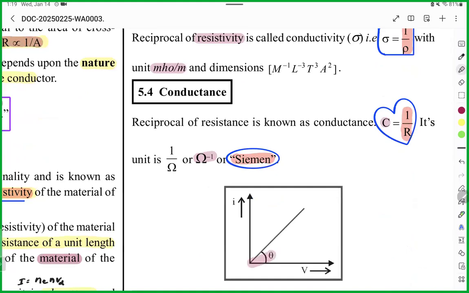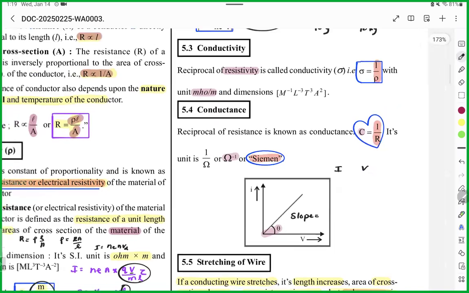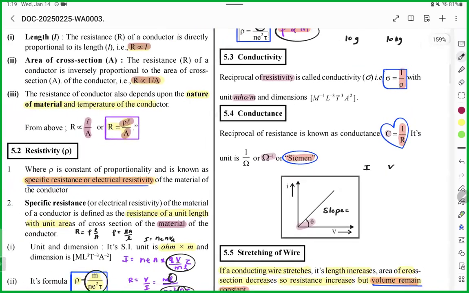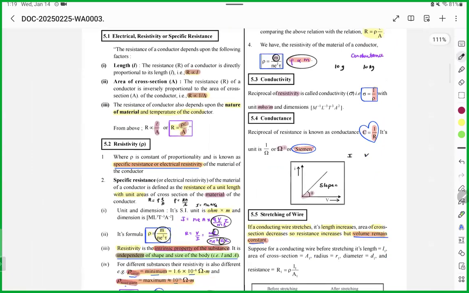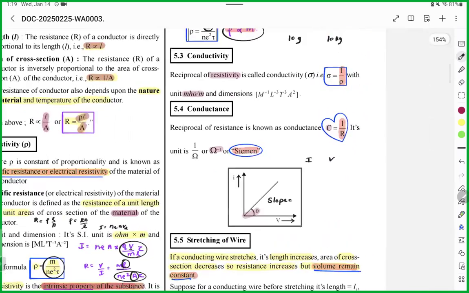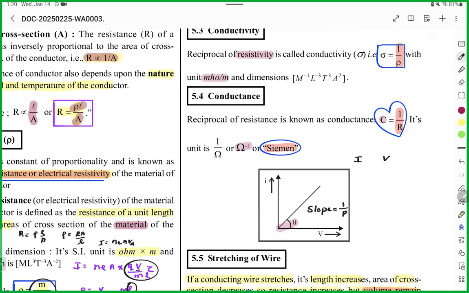Pratigya, if you have theta here in the I by V relation, what will be the slope value? I want to teach you how to read graph. The slope will be I by V, which is 1 by R or C. How do we know?